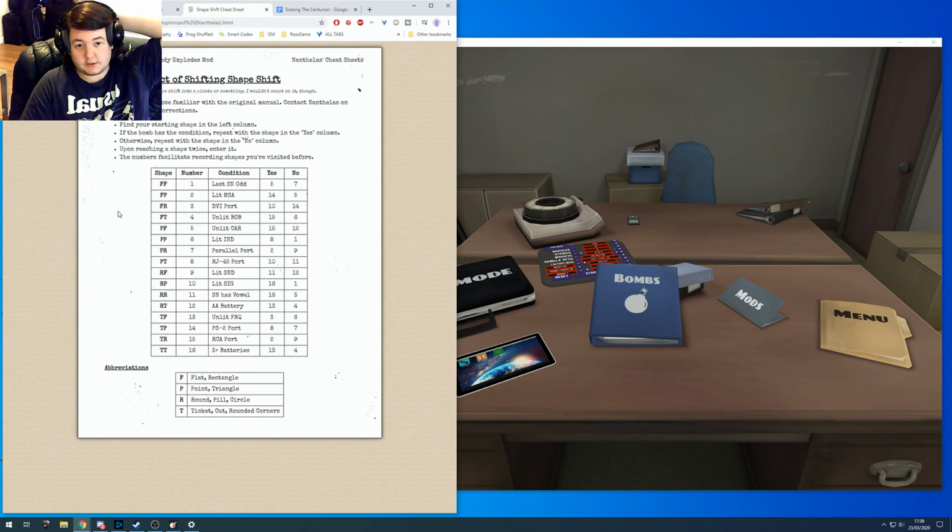Find your starting shape in the left column. Yeah, this is probably a better way of remembering this. It's also written in shape order, which is nice. That's completely alphabetical, right?